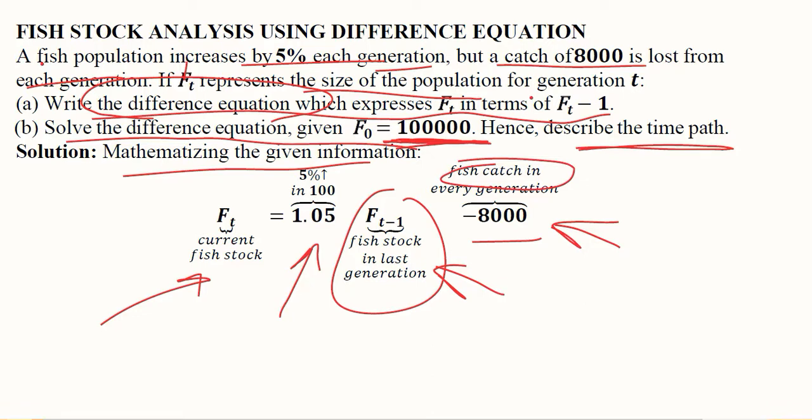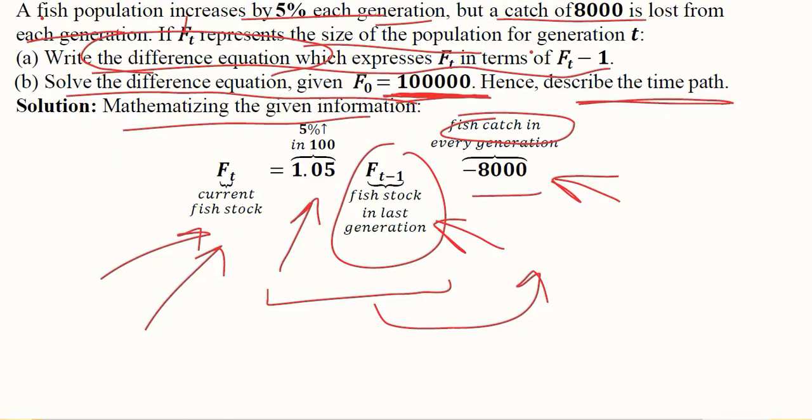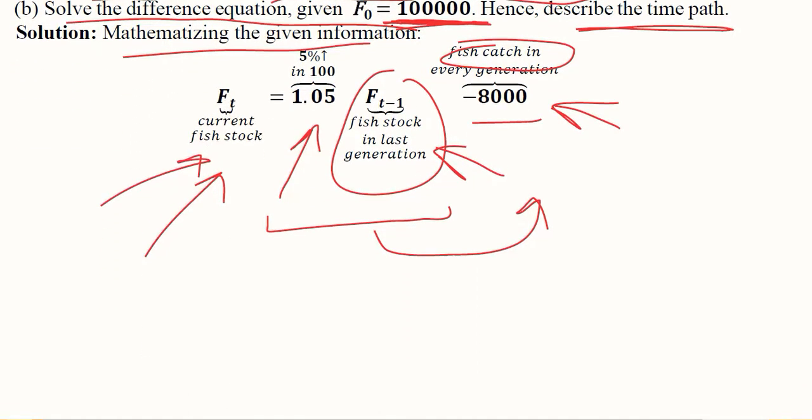So this is a very simple equation: the current fish stock is equal to 100 plus 5% of the last year's fish stock minus the fish catch that is done.